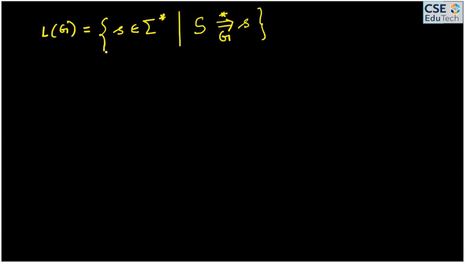Clear? So here S is basically a string formed by elements only from the terminal symbols or the input symbols, and here S is the start symbol.